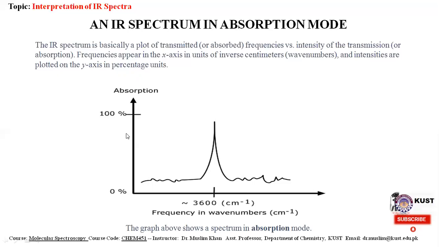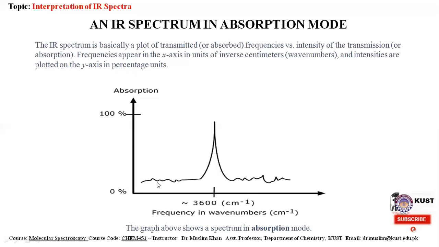Frequency appears on the x-axis in units of inverse centimeter, and intensities are plotted on the y-axis in percentage units. So this graph shows a spectrum in absorption mode. Suppose that this is from 0 to 100% absorption of IR radiation.